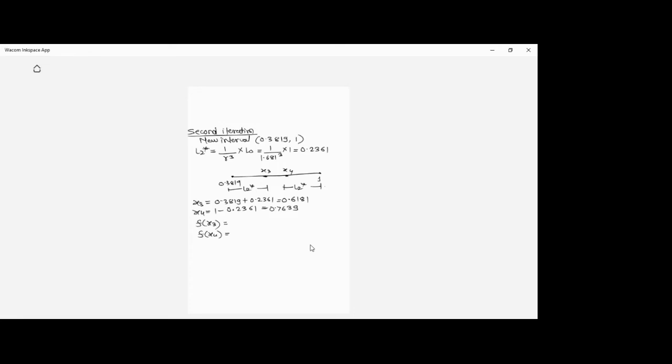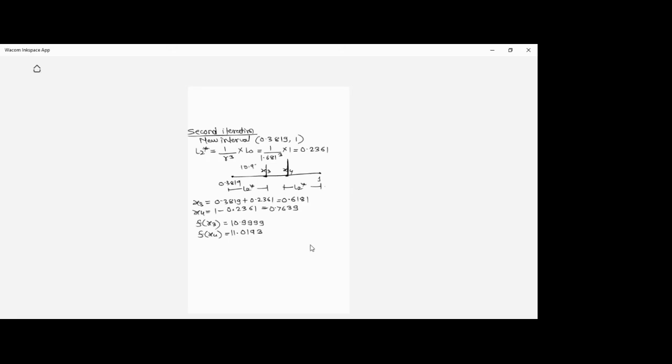Similarly, you can find out the values of f(x3) and f(x4). I won't be writing all the equations here again. I'll just write what the values of f(x3) and f(x4) come out to be according to my calculation. For 0.6181 it comes out to be 10.9999 and for 0.7639 it comes to be 11.0193. If we represent it, 11.0193 is on the higher side and 10.9999 on the lower side.